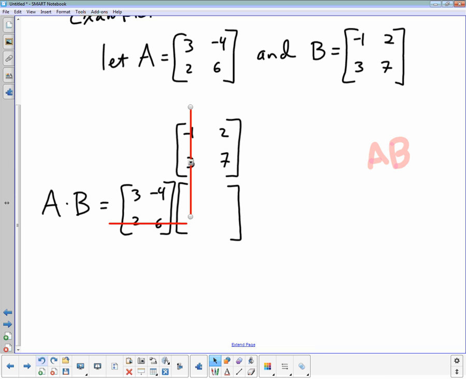Now, let me explain what I mean. Let's do the very first element. I would put in that space 3 times -1. That's the first element and the first element. I'm going to multiply those two together, and then I'm going to add it to these two multiplying against each other.